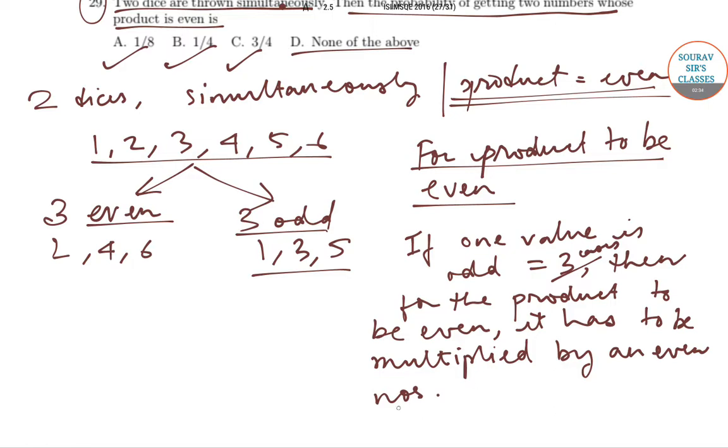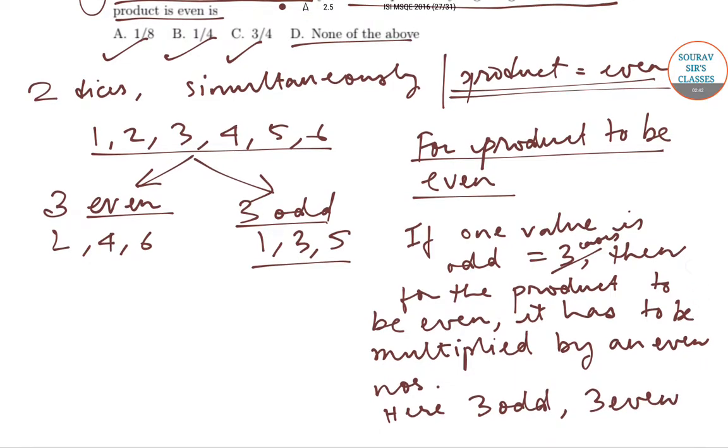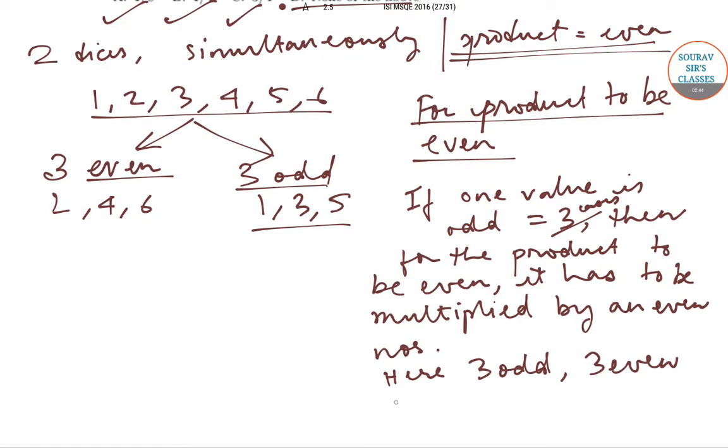Here we have 3 odd numbers and 3 even numbers. So cases here is 3 into 3, that is 27 possible combinations in which the product is an even number. This is one possible case.